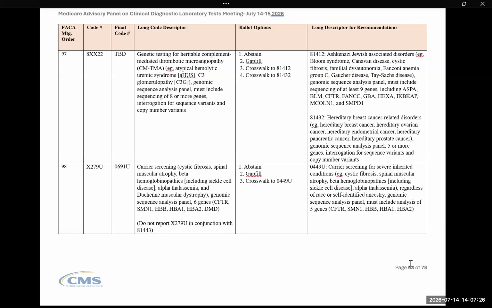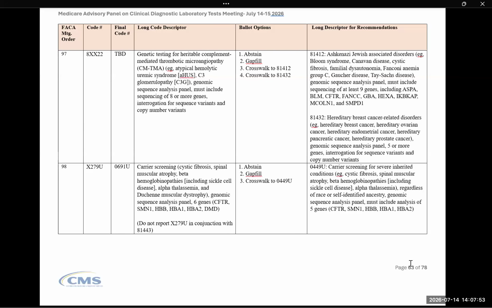So 6 gene totals. The sponsor recommended crosswalk to 0449U, which is carrier screening for inherited conditions. In that case, 5 genes, but in general, the overall resources for the two should be similar. And so the subcommittee discussed and agreed with the sponsor's recommendation of crosswalk to 0449U.